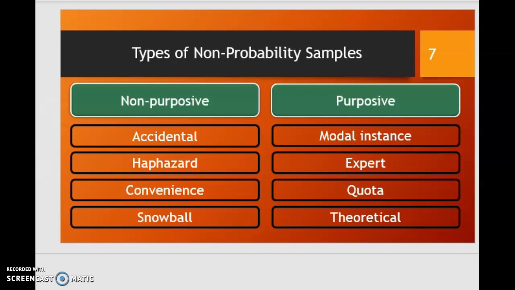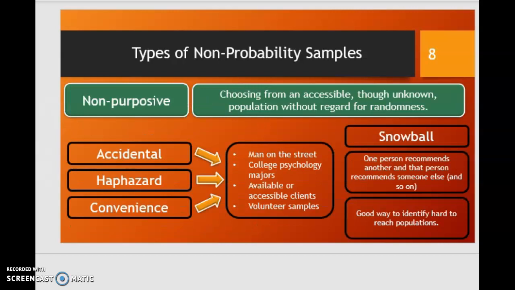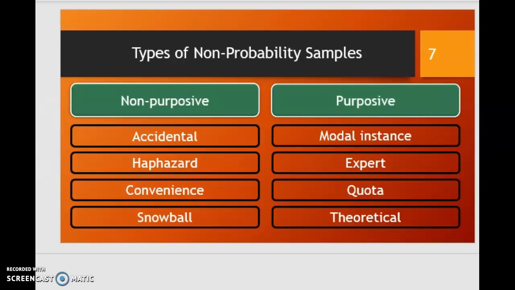And non-probability sampling itself has two major types. So we have what we call non-purposive and purposive non-probability.